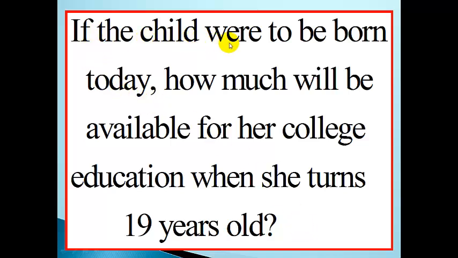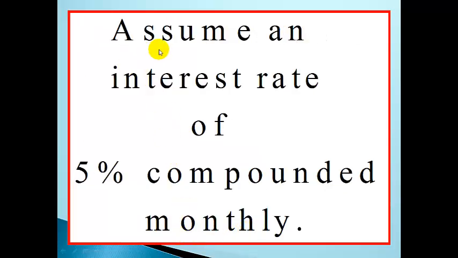If the child were to be born today, how much will be available for her college education when she turns 19 years old? Assume an interest rate of 5% compounded monthly.